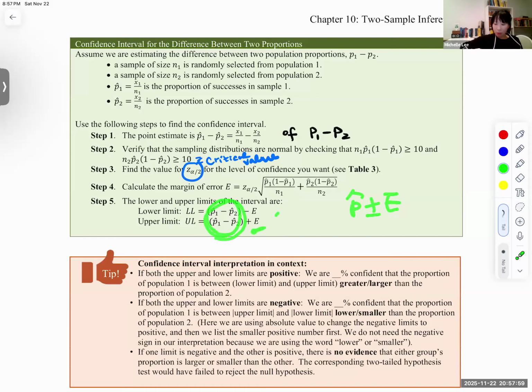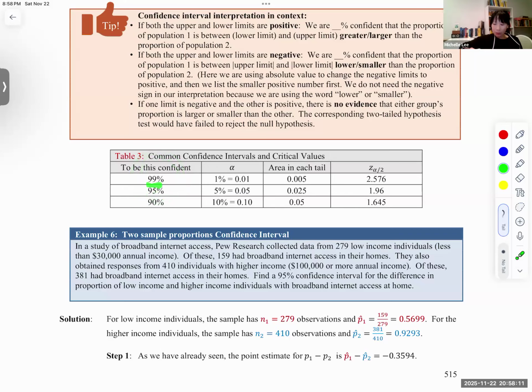Once again, the critical value when 99% the Z critical value is 2.576, 95% is 1.96, 90% is 1.645. There are more, but those are the common ones, so we are using the common ones.